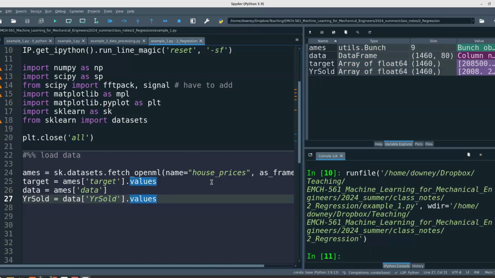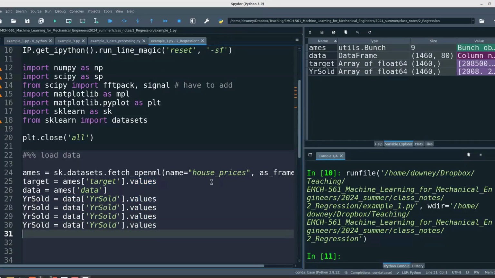And that just extracts a column from the data set as year sold, and now I'm in an array of 64-bit floating numbers. So I'm going to copy that. We're going to do it 4 or 5 more times.